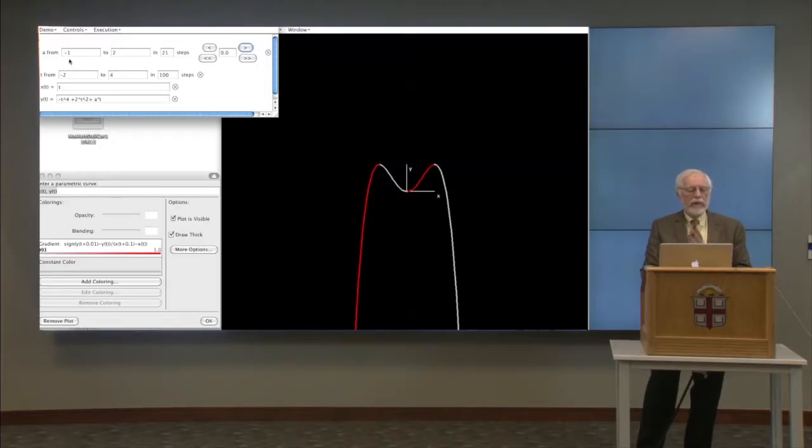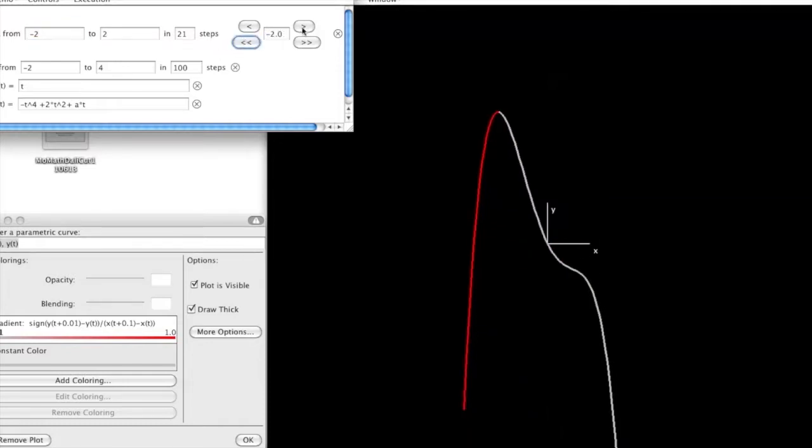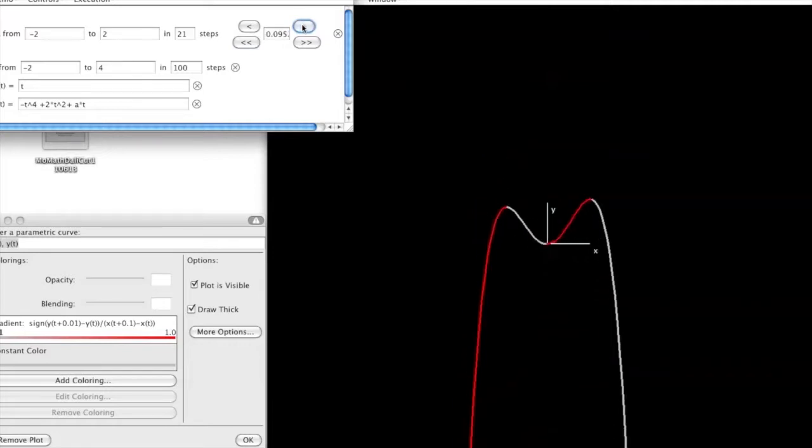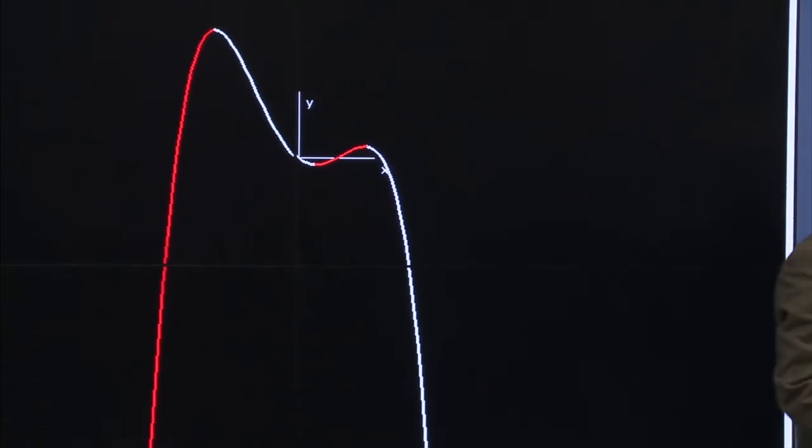And now as we change this, what we can do is go from the current value down to a value where we have lost the second critical point entirely. This one-parameter family of functions will go down to the point where we have one global maximum. We still have a local maximum here and a local minimum here.